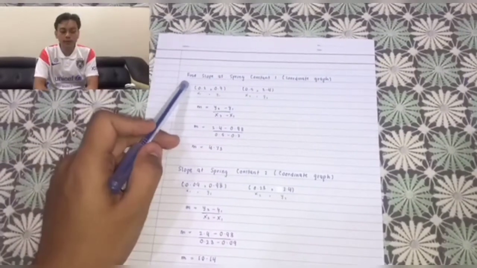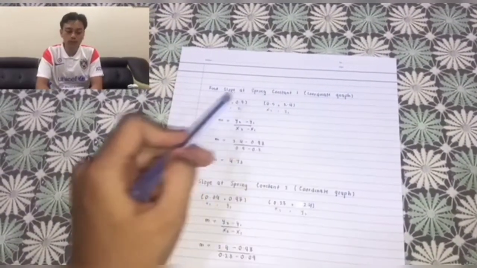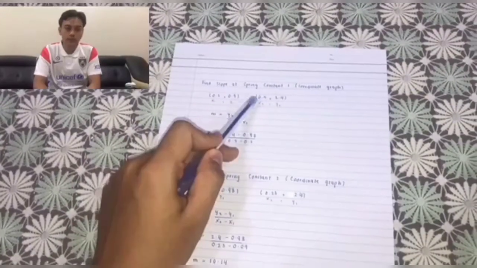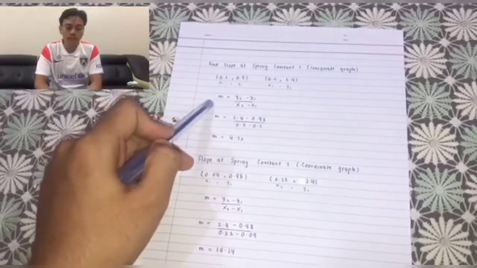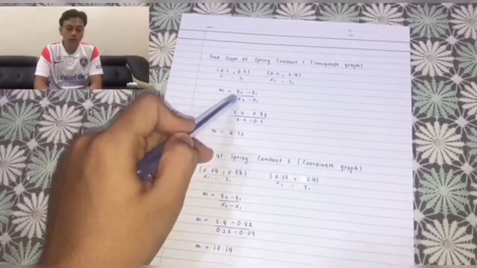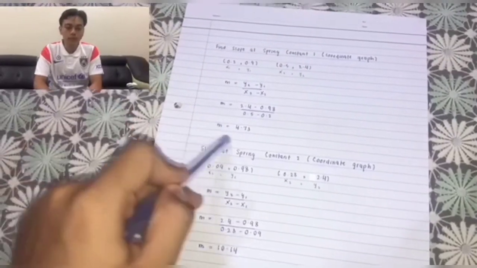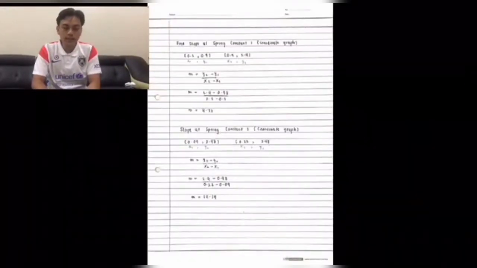To find the slope of the graph for spring constant 1, you must pick any coordinates you want. Just like me, I pick coordinates 0.2 and 0.9 for the first coordinate and 0.5 and 2.4 for the second coordinate, and just put the coordinates in the equation m equals y2 minus y1 divided by x2 minus x1, and we can get 4.73.